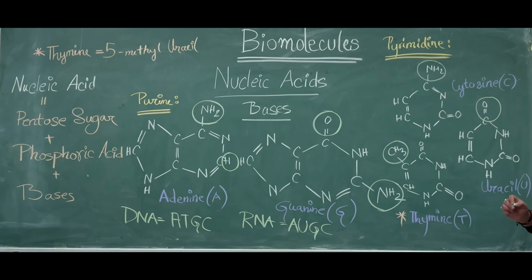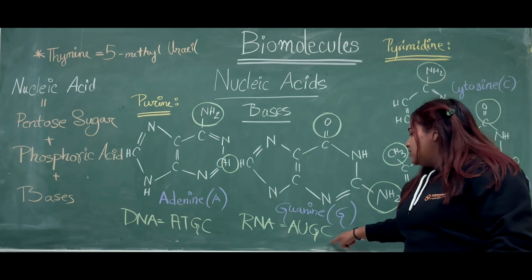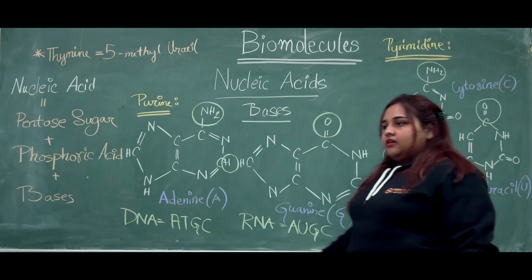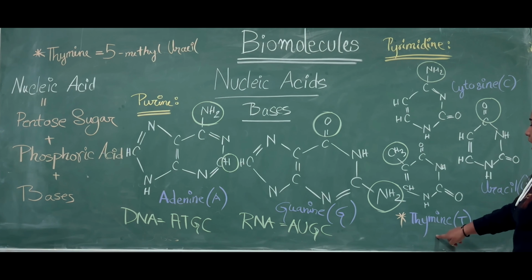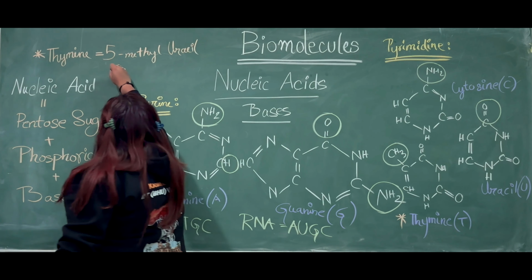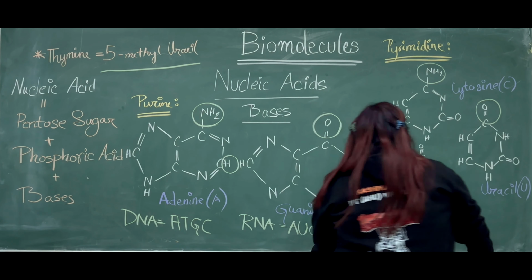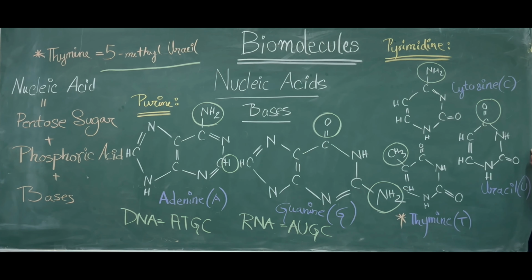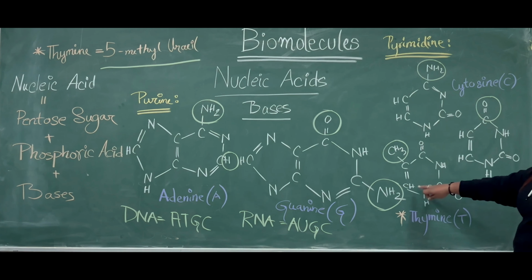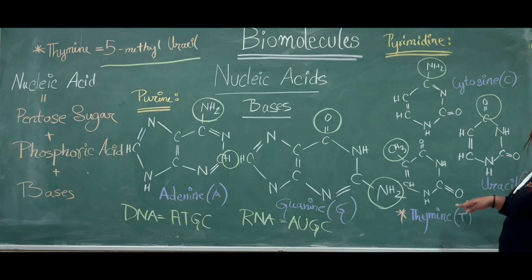Now we know that RNA has A, U, G, C, which means there is no T in the RNA, which means there is no thymine. We also call thymine 5-methyl-uracil. Why? Because if we take the structure of uracil and put a methyl here, you will see that it is the same structure, or it becomes thymine.